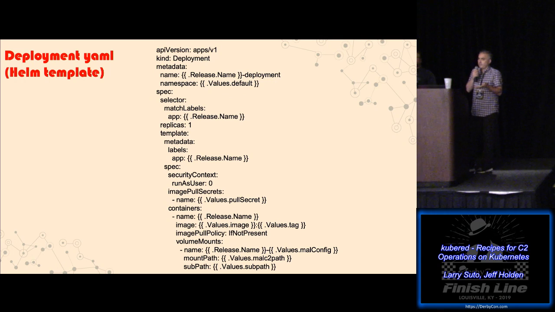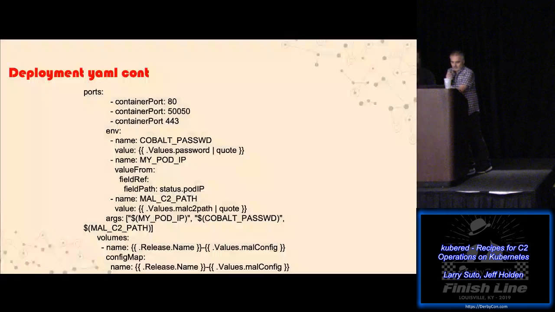This is pulled from the Helm chart we're making available for Cobalt Strike. This is the actual deployment template in the Helm chart. It gives you everything you need to deploy your Cobalt Strike image into a Kubernetes environment.